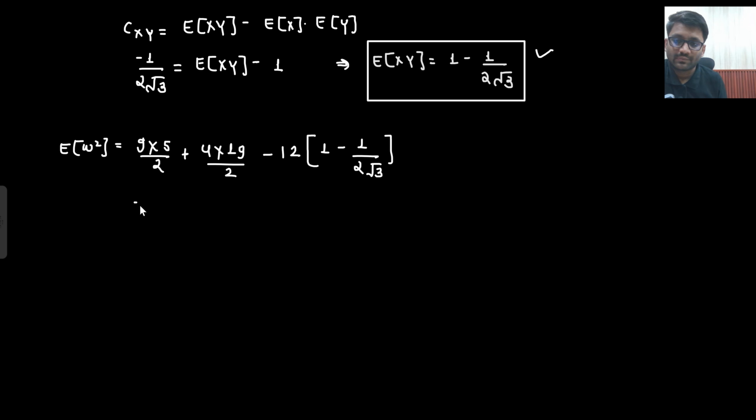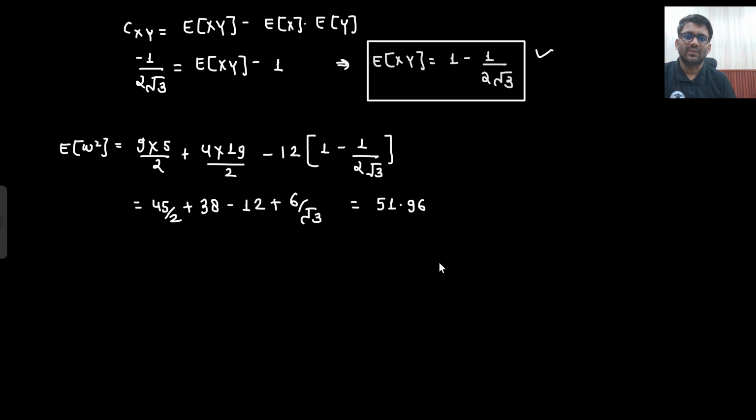So 45 by 2 plus 38 minus 12 plus 6 by under root 3. So whatever you get, you will get it. You can solve it, right? I will solve it and write down the complete answer. Yeah, so the answer we are getting is 59.16.